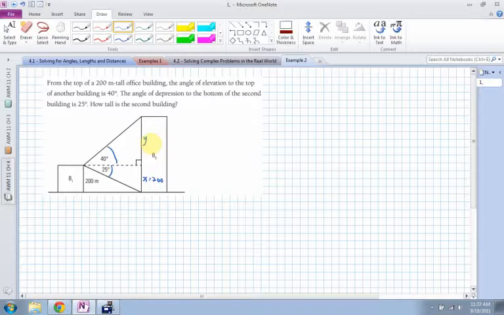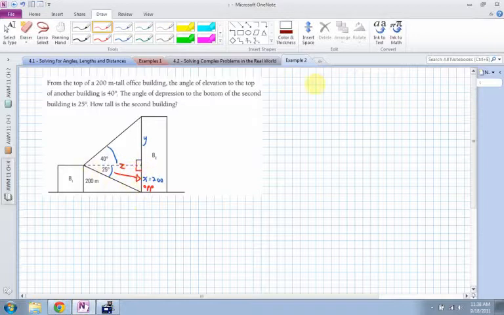Well, you might be answering to yourself, what if I find out the horizontal distance between the two buildings? Because I know that 200 meters is the opposite from 25, and the horizontal distance, let's call z. So I have the opposite, and I need to find the adjacent, because the right angle is here, the hypotenuse would be the slanted side.